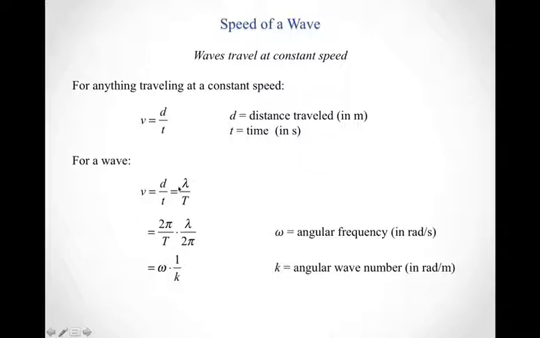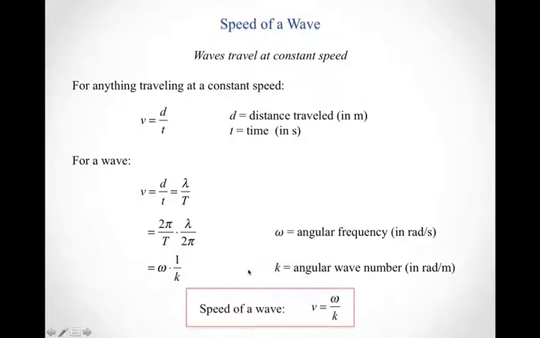So basically all I've done is I took this, split it apart, and also multiplied by an interesting variation on the number 1, 2 pi over 2 pi, and put a 2 pi with the T and a 2 pi with the wavelength, and what that gives me is omega times 1 over k. So the last way that I can calculate the speed of a wave is omega, the angular frequency, divided by k, the angular wave number.